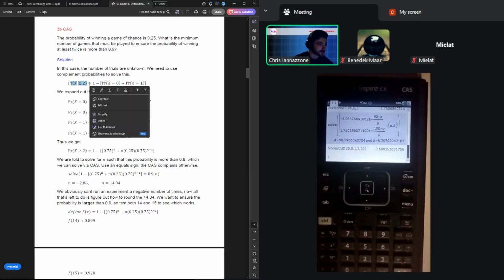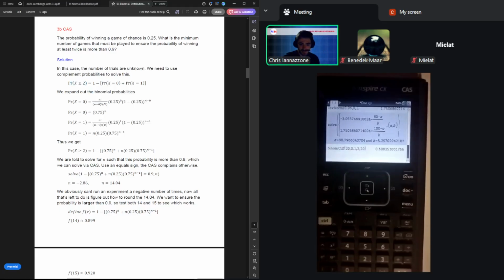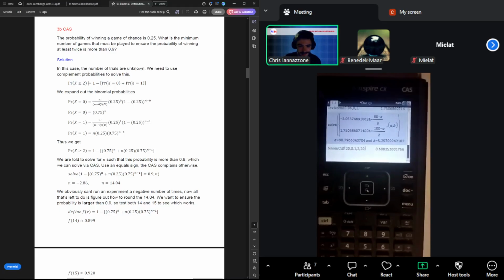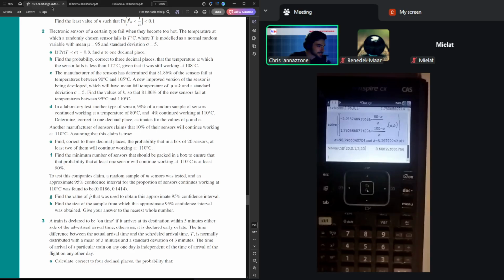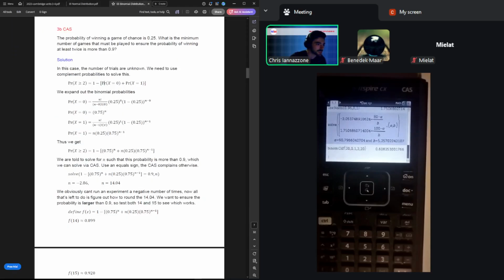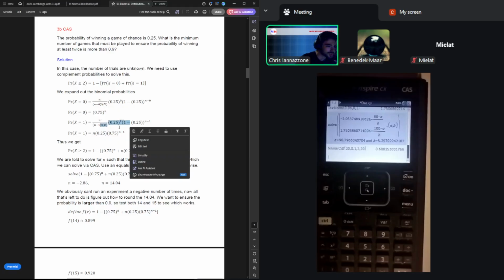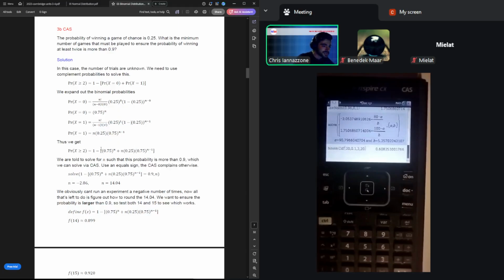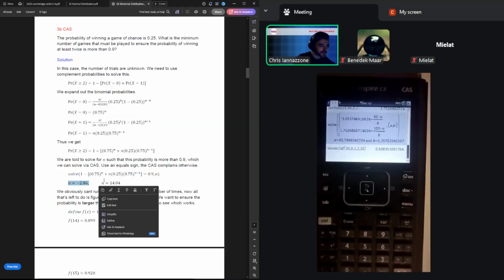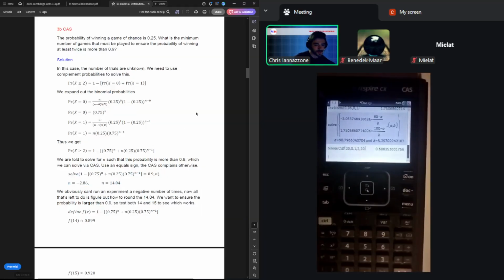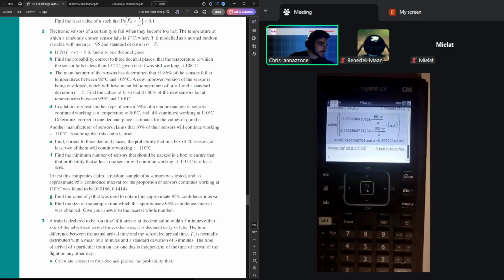In fact, this will be the exact working out, since it's once again x greater than or equal to... actually, no, at least 1, so it'll be greater than or equal to 1. But same idea, where you basically have to manually open up each of those Bernoulli sequences, set up your equation, CAS solve, kill one of the values, and then round it properly. Alternatively, you could just go ahead and guess and check your way through.